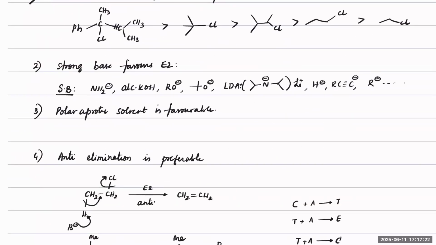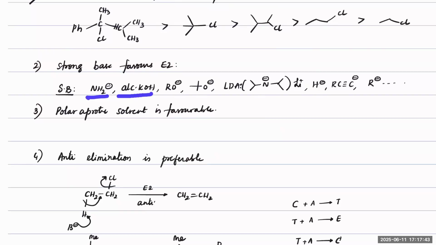Next. A stronger base will highly favor E2. Reason being, it would never let the molecule go in the route of carbocation. The minute it is trying to go in that direction, immediately it will pull out the proton and convert into a double bond. Therefore, the stronger the base, the better it is.